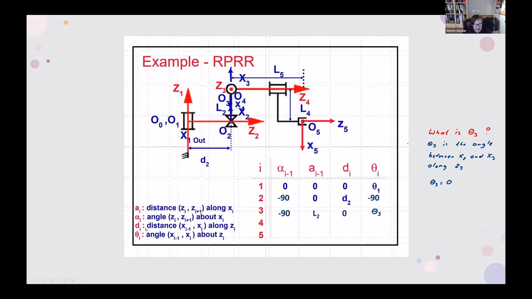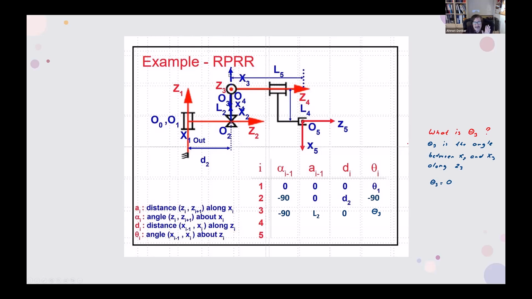I is 3, D3 is the distance between x2, which is this one, and x3 along Z3. Z3 is here, it's coming out of the paper. So they have a distance along the paper.